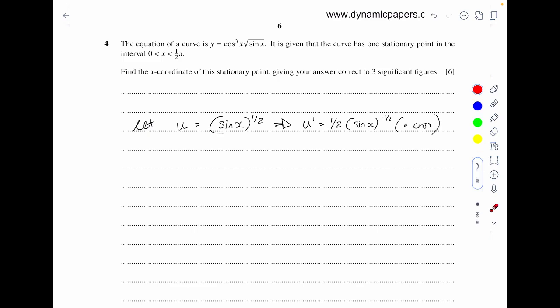How did I get that? Because of the chain rule. If you haven't seen the video yet, make sure to go watch it. So we brought over the half here, we minus 1 from a half, and then we did the chain rule on sine x to give us cos x there.